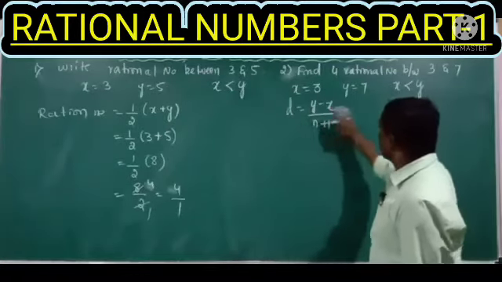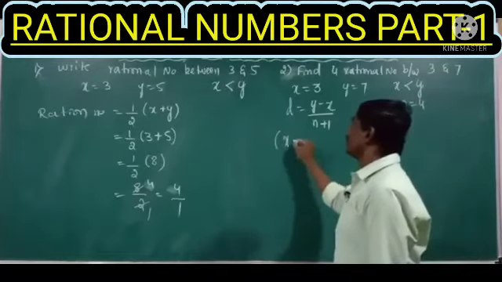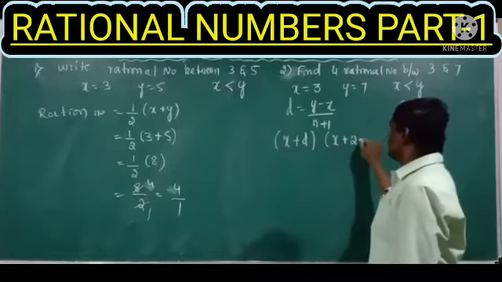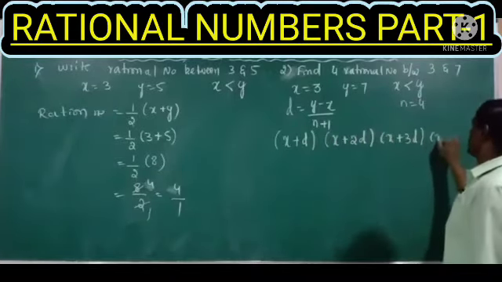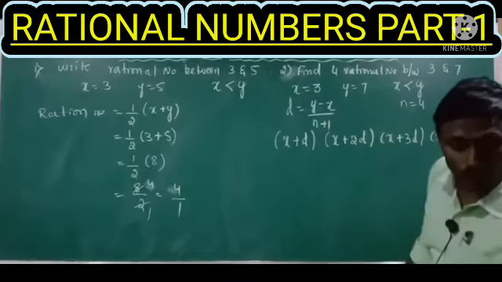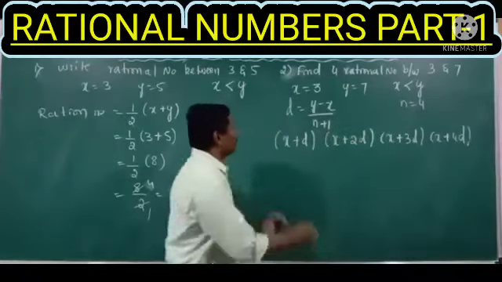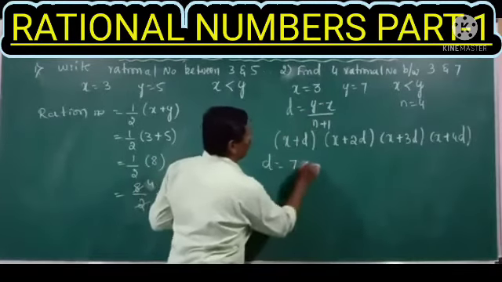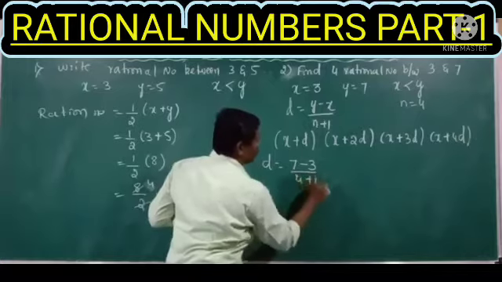Once we calculate the d value, we get one more formula: x plus d, x plus 2d, x plus 3d, x plus 4d. These are the 4 required values. So first calculate the d value. D is equal to y value 7 minus x value 3, divided by n, which is 4, plus 1.